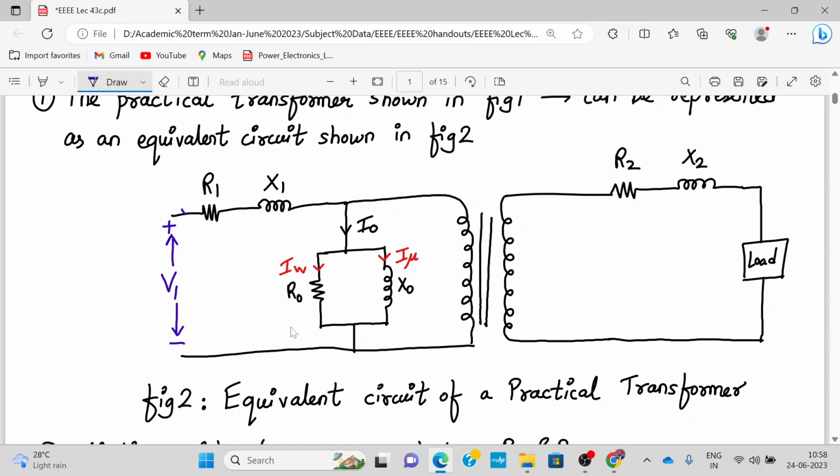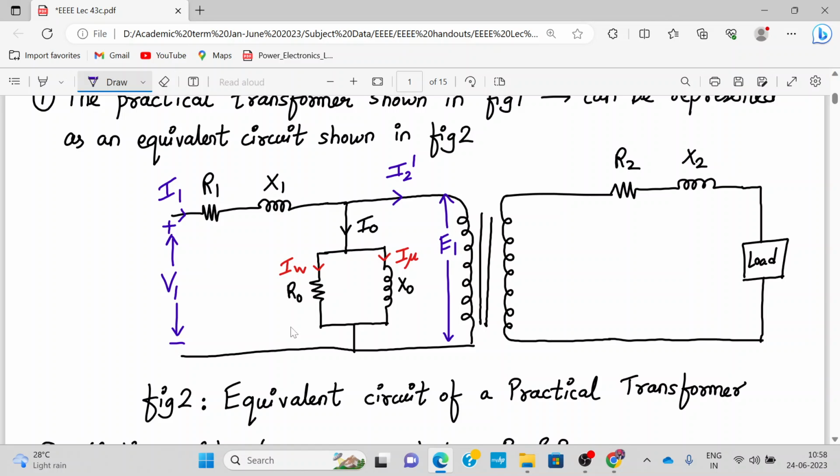The current passes through R1, I1, and it gets split into two parts, I0 and here we can write I2 dash. So I0 is the no load current, split into two parts, IW and I mu. And we have seen that before, how to draw I naught. Due to the current passing through the primary winding, we have a self-induced EMF E1.